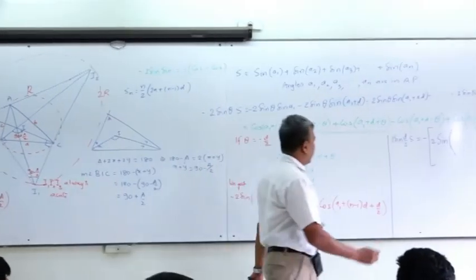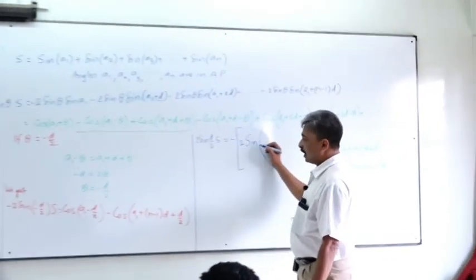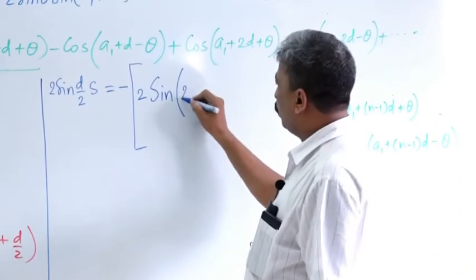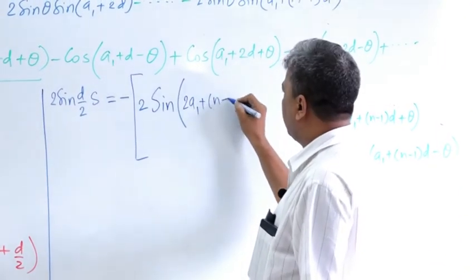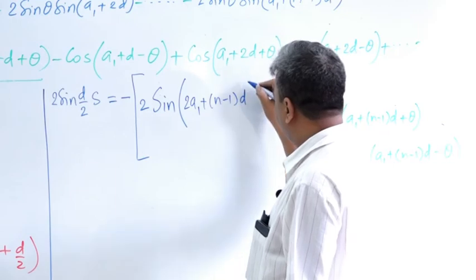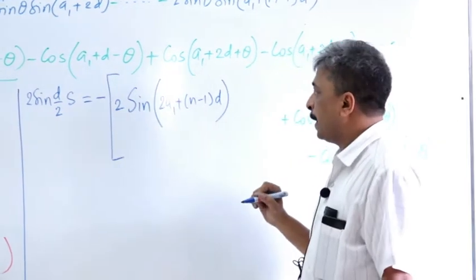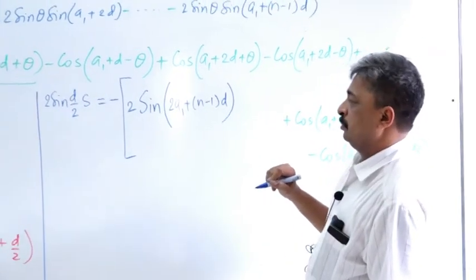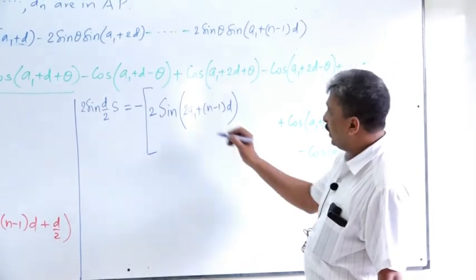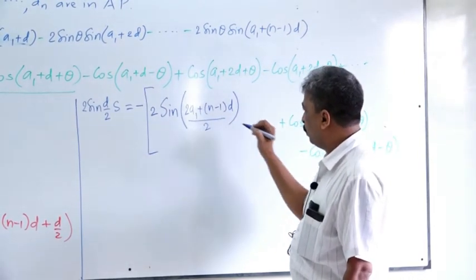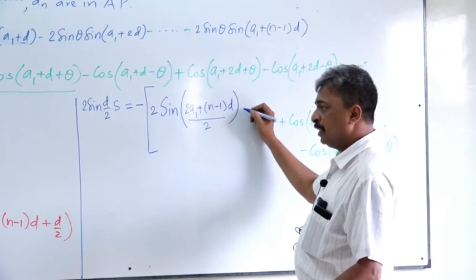Anyway, let us write it as it is. So we get sine of 2a1 plus n minus 1 times d, by 2 summation, divided by 2 sine.